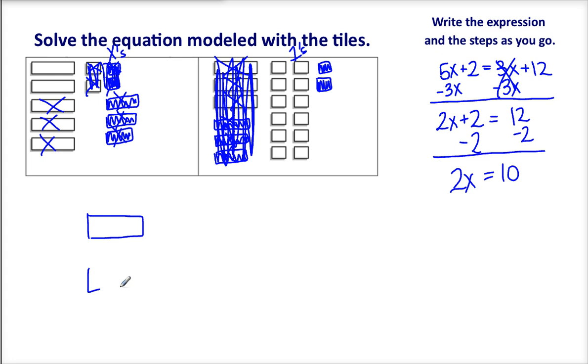So I'm going to divide them into 2 groups, and I need to divide these leftover 10. Oh, sorry. These cancel each other out because they're a 0 pair. So I have 10 1 tiles. So I need to divide these 10 1 tiles into 2 groups. So that would put 5 in each group.